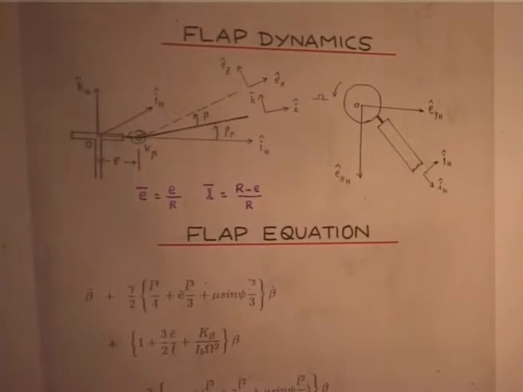You can represent it equivalently as an offset hinged spring restraint blade model. Okay. Even our blade is similar. Now, you have to write the flap dynamic equations for this model.